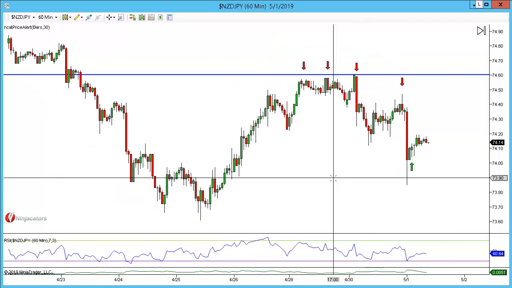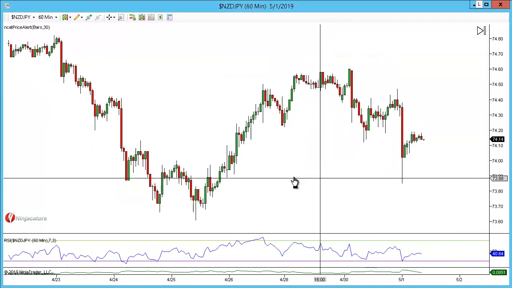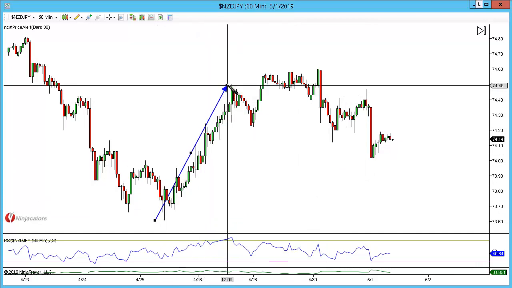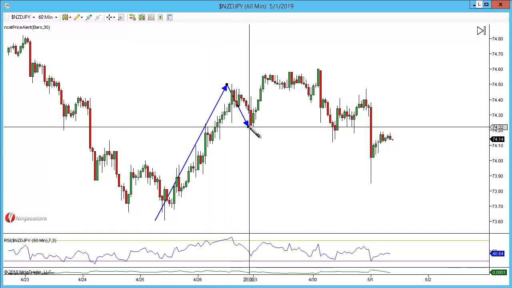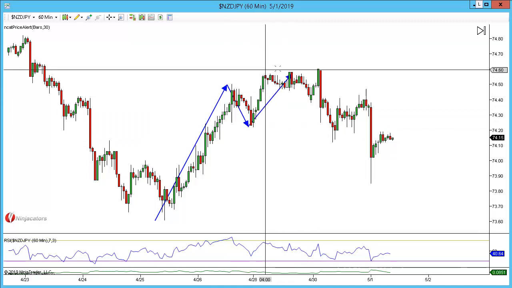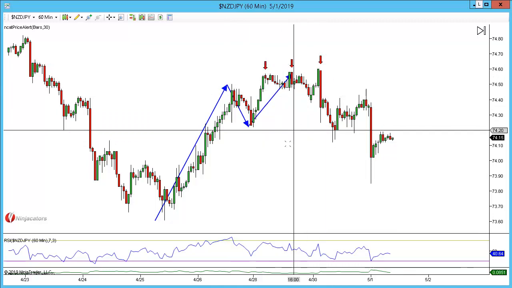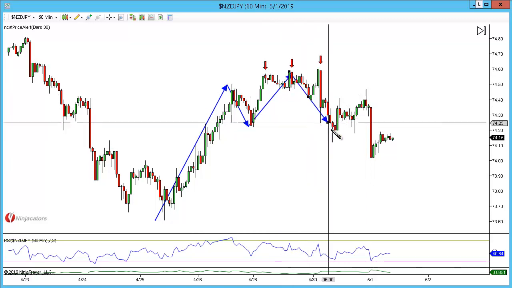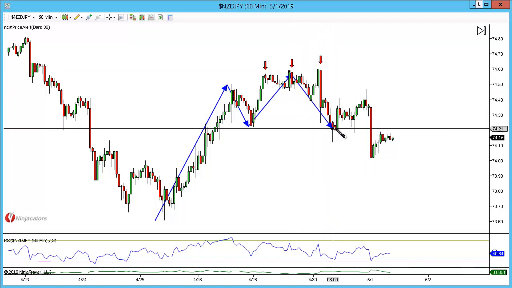So let's draw this whole thing out. From our very low, which we know was a break below, close below, we had a new high. We saw a pullback. We saw a new high. We had a triple test up there. But with that triple test, we then broke to the downside.